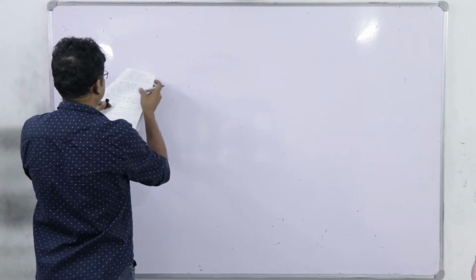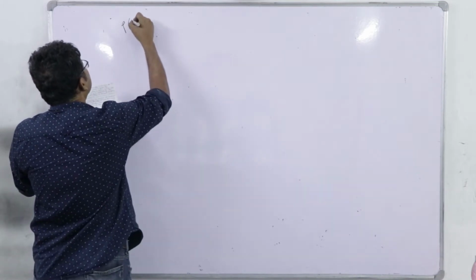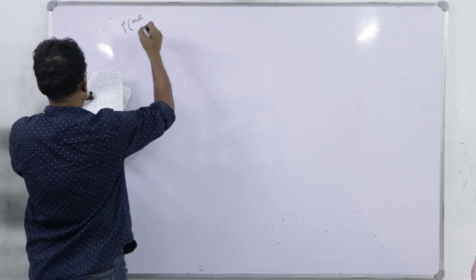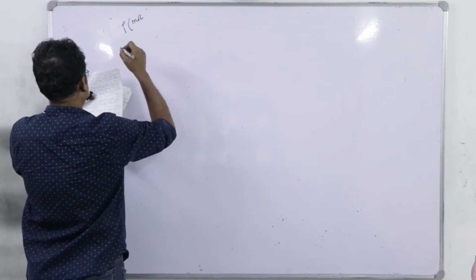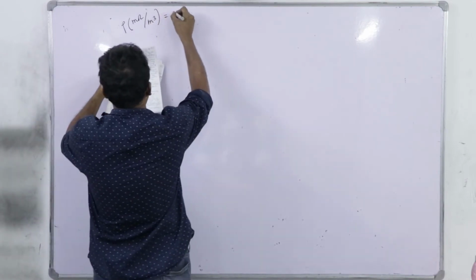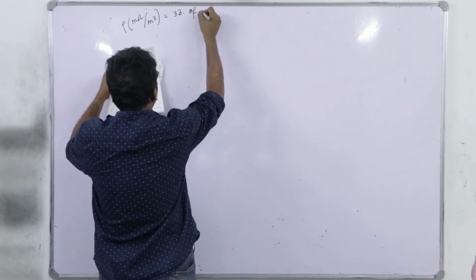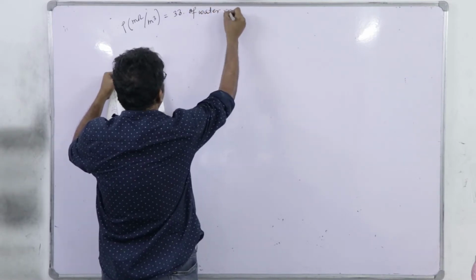Molar density of water vapor. Molar density of water vapor in mole per meter cube is 33, right, of water vapor.